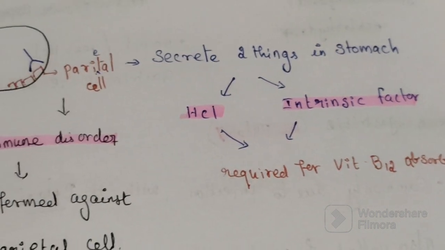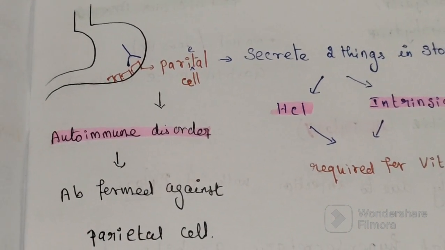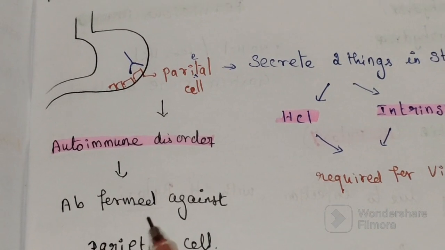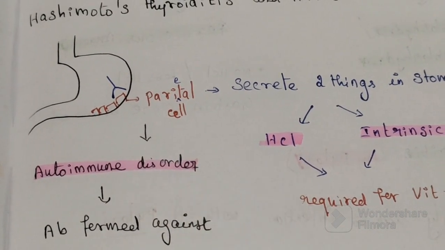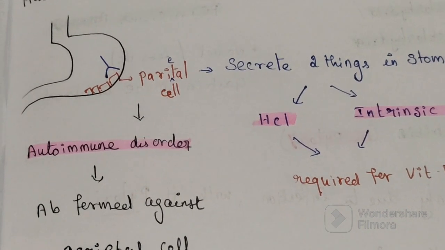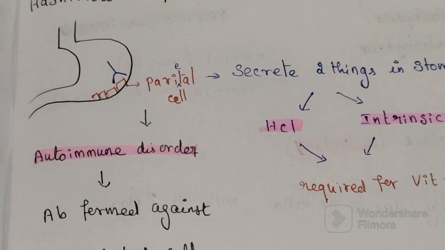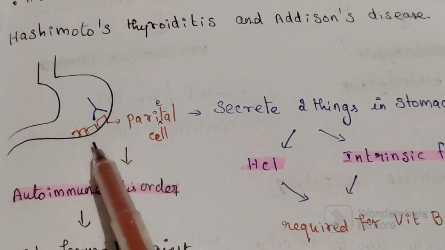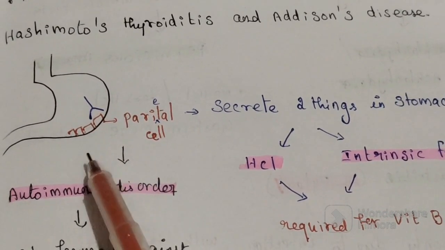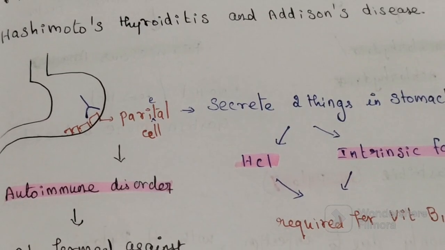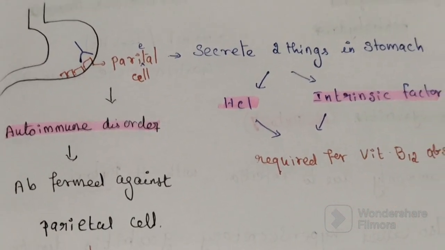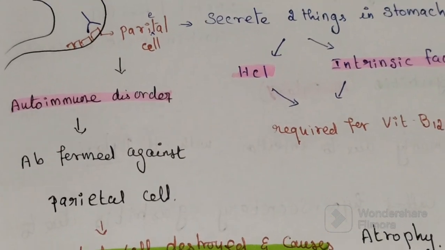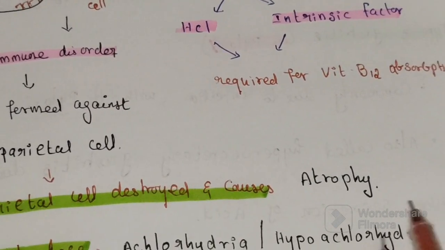Both these two things are important for absorption of vitamin B12. But because of autoimmune disorder, this parietal cell is destroyed. Now the body will form antibody against this parietal cell. So this parietal cell is destroyed. It causes atrophy.